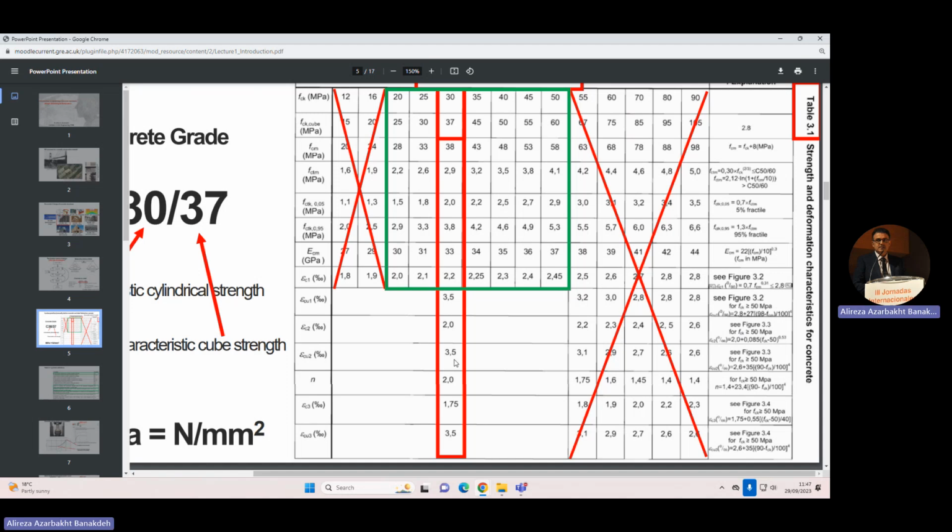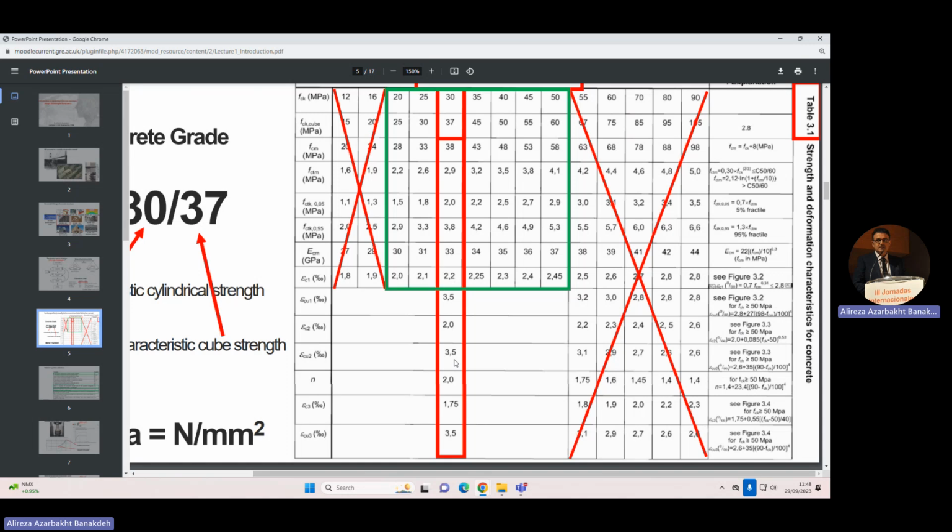In terms of percent, yes. It means that it's 0.002. And the next one is 0.0035. You need to divide these numbers. When it says percent, you need to divide each number by 100. Okay?